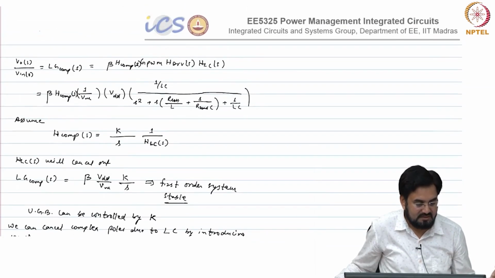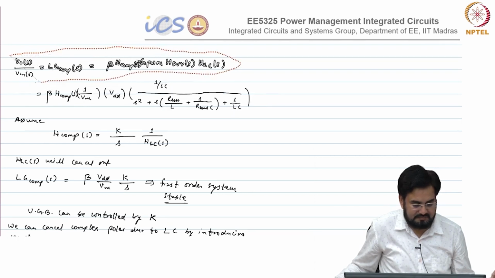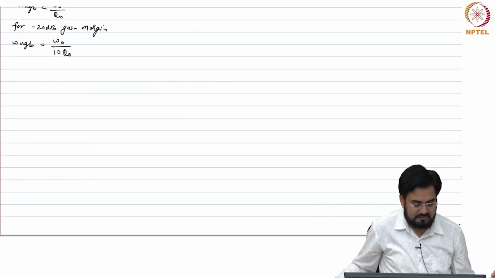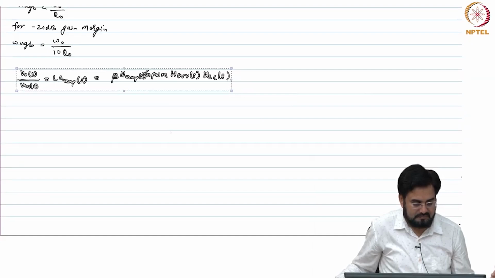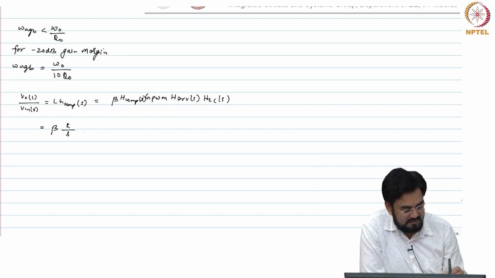So let's first take this guy maybe. Beta K over S, GPWM is, and HDRV is VDD over VM, H of LCS.